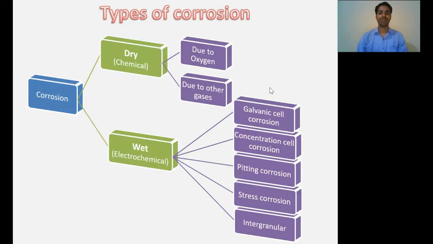We learned that there are 5 types: galvanic cell corrosion, concentration cell corrosion, pitting corrosion, stress corrosion, and intergranular corrosion. In this lecture we are going to talk about the first type, that is galvanic cell corrosion.